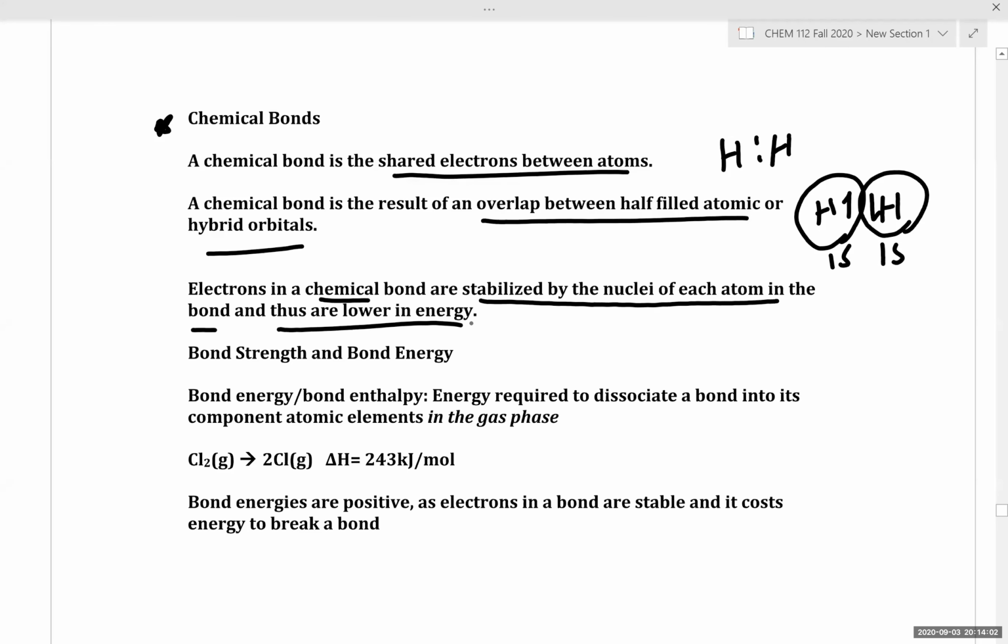Bonds are stable for the most part. Now for bond energy and bond enthalpy, this is a tabulated value that we're going to use to estimate bond strength. It's the energy required to dissociate a bond into its component atomic elements in the gas phase. Bond energies are positive, as it costs energy to break a bond.